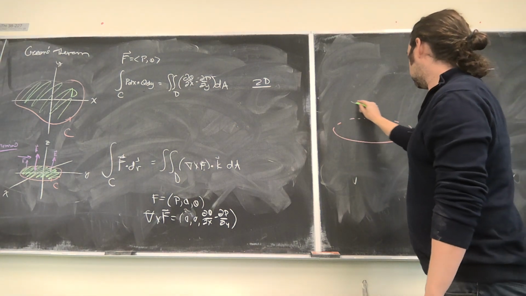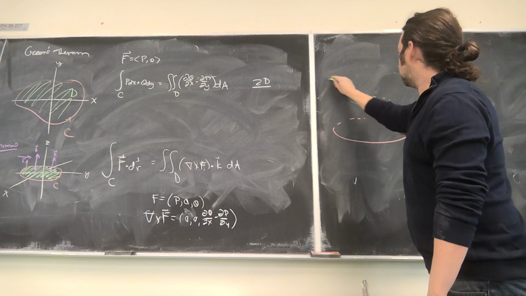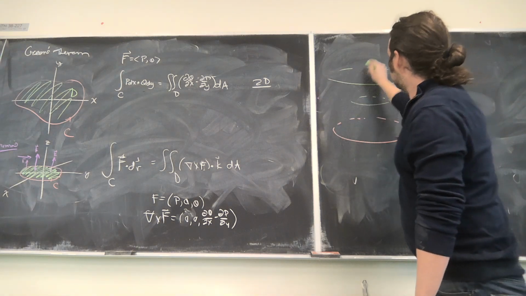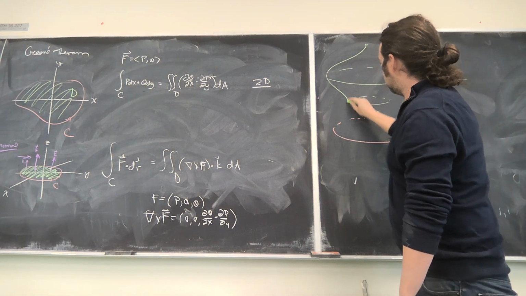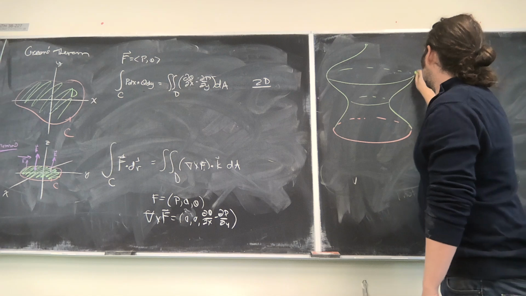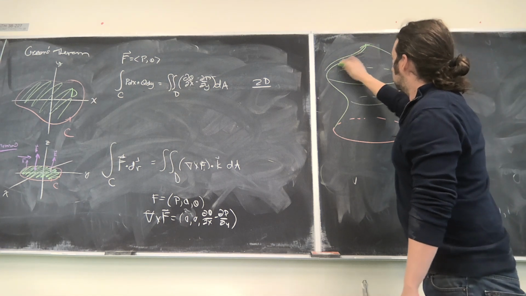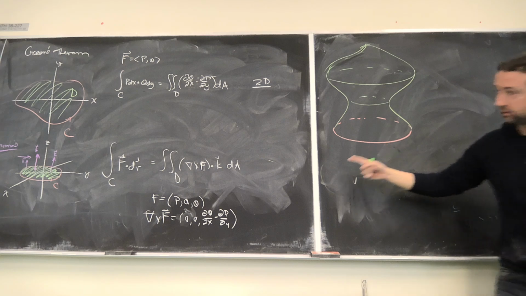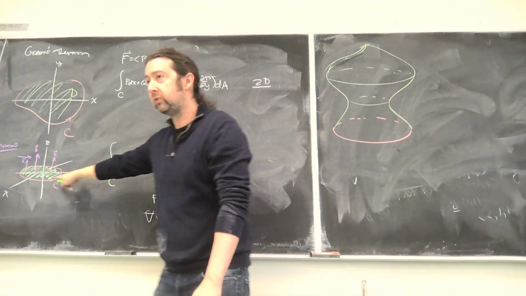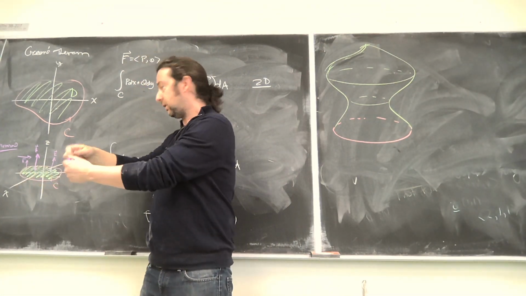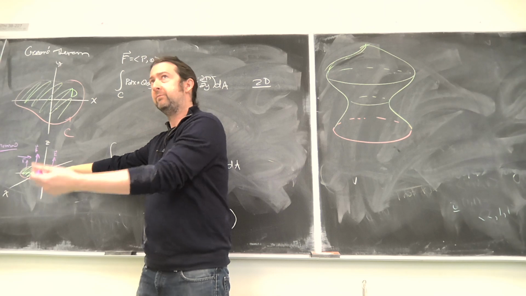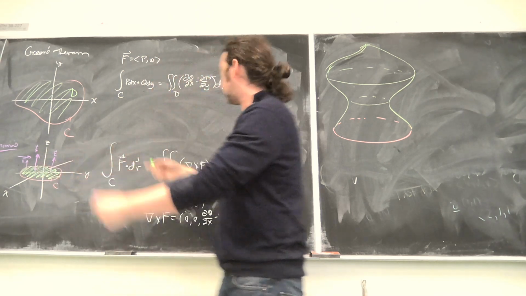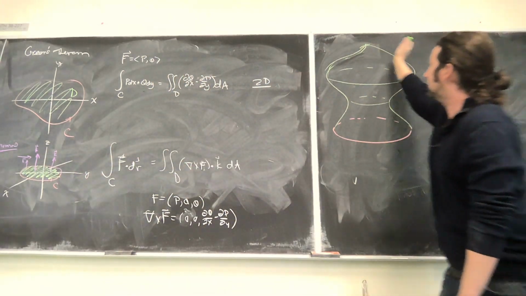So you can imagine, maybe I can do something like this. Single dot here. So you get some figure like this. So the idea is you're supposed to think of this figure as being like a puffed up version of this one, right? I've sort of taken this as like a rubber sheet or like bubble gum or something, and I've blown into it and expanded it into something that looks like this.